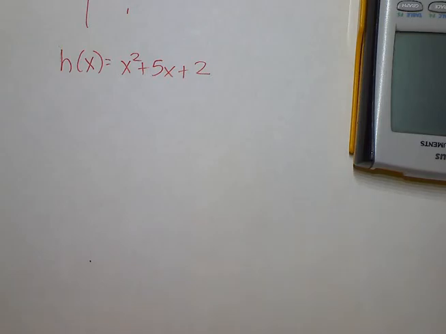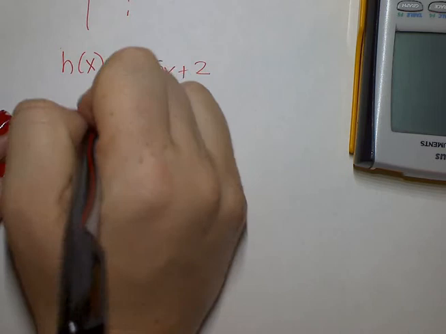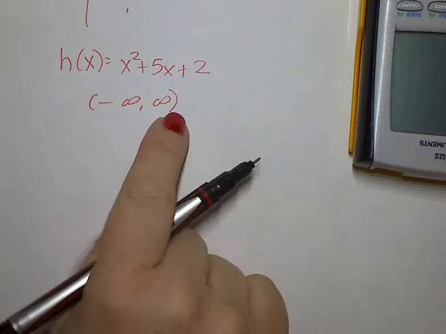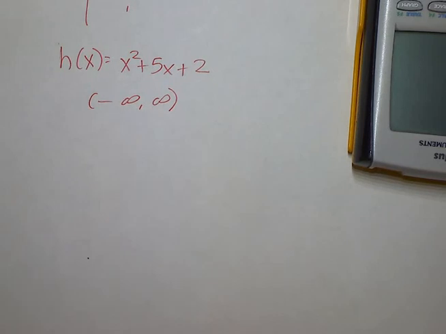And stop. Domains for all quadratic functions will be negative infinity to positive infinity. There's no restrictions how far it goes to the left or to the right.